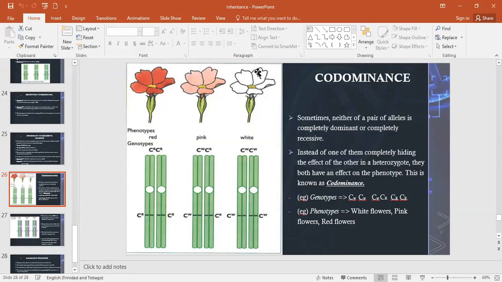Now this is what could happen in plants. So you have a dominant red with dominant white coming together to form pink. And both of them are dominant. So you get color white with color red. Both of them are dominant. Red and white produces pink. And voila, you get pink.